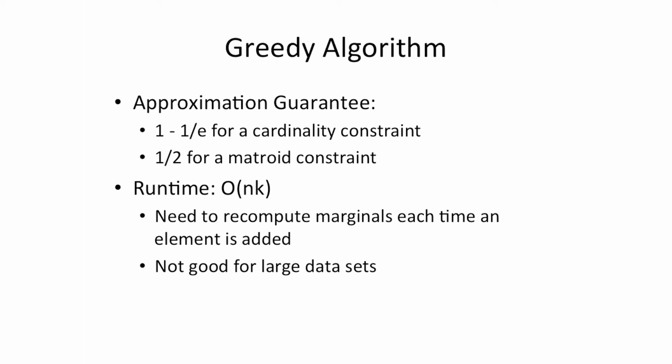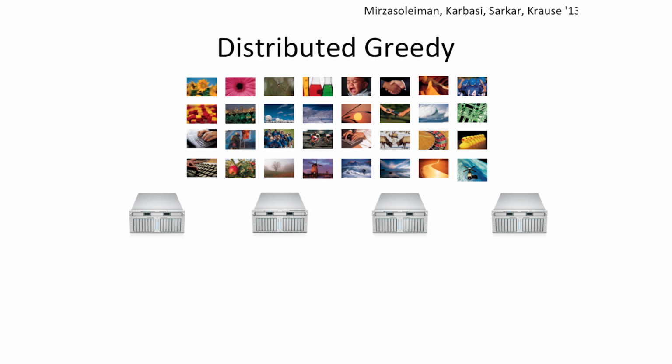Here is a very natural idea that comes from the work of Mirzasoleiman et al. from NIPS two years ago, to make this greedy algorithm into a distributed one. Let's take our data set, the tiny images or whatever, and distribute it to our machines, evenly partitioning it onto the machines.